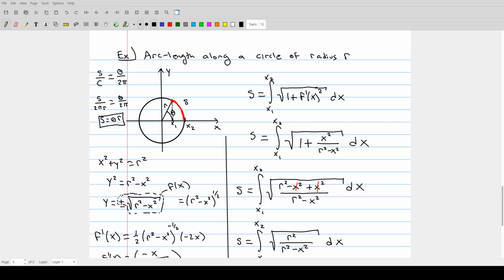The geometry argument only works for circles, while our formula for arc length works for any curve, no matter how complicated, as long as the function the square root of 1 plus f prime squared is integrable, meaning you can take its integral. So this is a very, very important example showing how to use the formula.